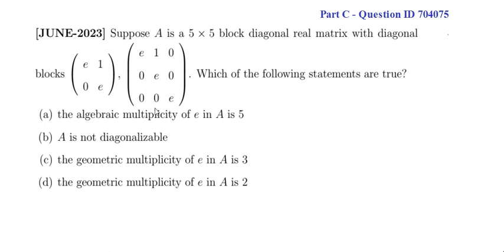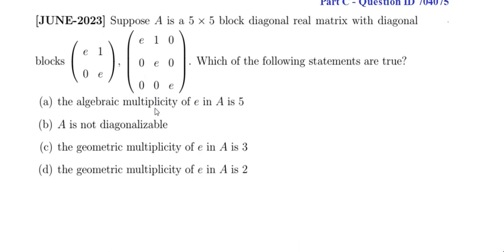Which of the following statements are true? From the diagonal blocks, we can see the eigenvalues of these blocks. So we rewrite the blocks once again: [E 1; 0 E], and the second block is [E 1 0; 0 E 0; 0 0 E].